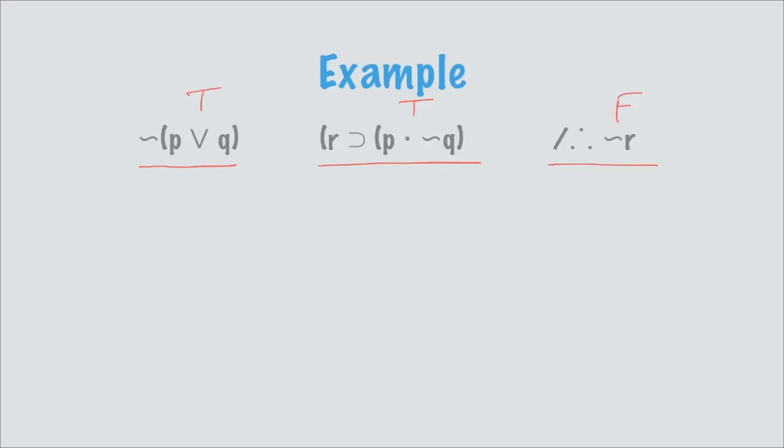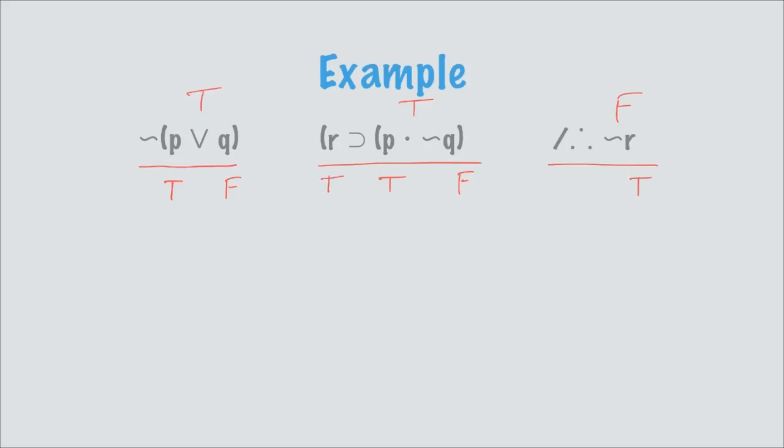Well, what I'm going to do is literally list all the different possibilities. One way I could do it is to pick these at random. So I could say, what if I made my P's true and my Q's false? And let's say I make R true as well. I'm just picking a random value.